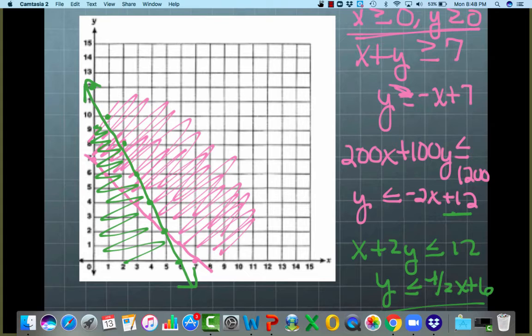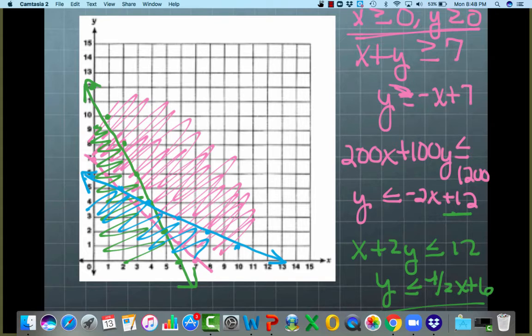We start at 6, and our slope is negative 1/2. We want everything less than or equal to that, which would be here. We also have the restriction that I have to stay in quadrant 1 because x was greater than or equal to 0 and y was greater than or equal to 0. So my graph is everything here in quadrant 1.